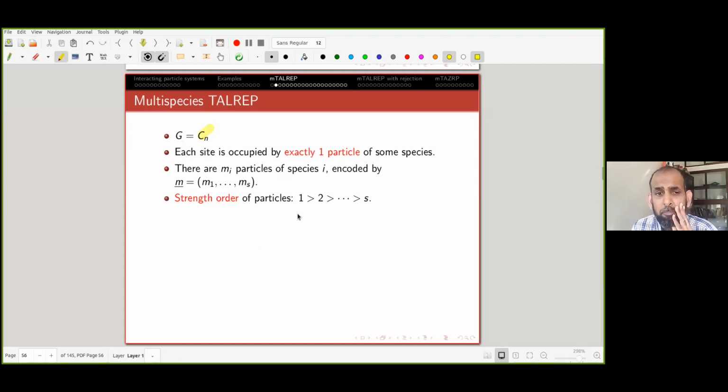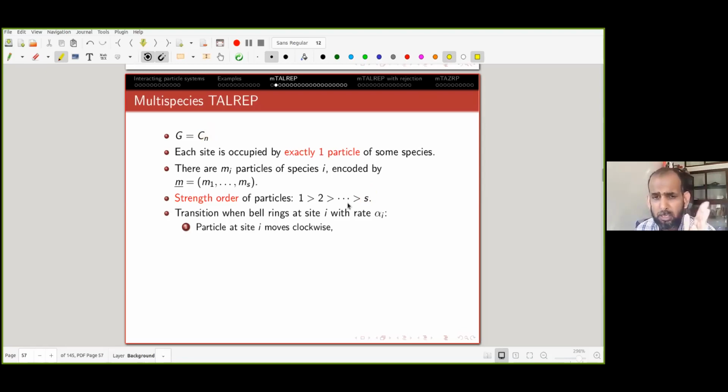We think of 1 being the strongest particle, called the first class particle, 2 being the next strongest, the second class particle, and so on. And you can think of s as vacancies, if you like. It's the weakest particle.